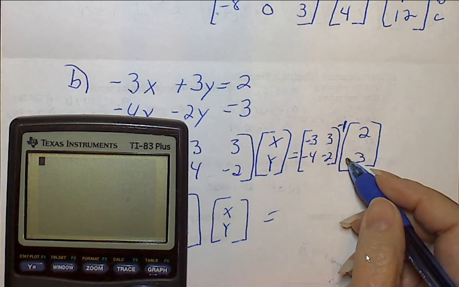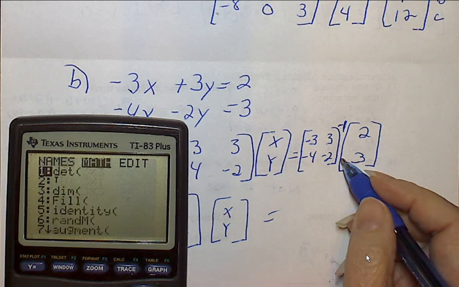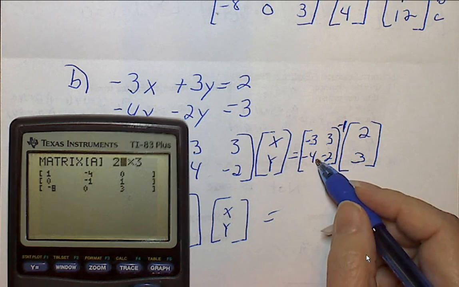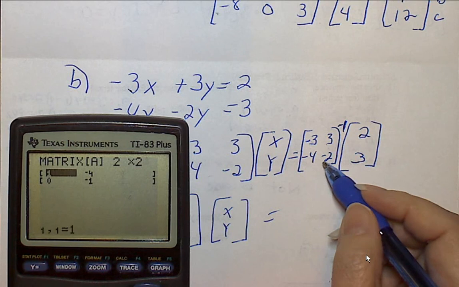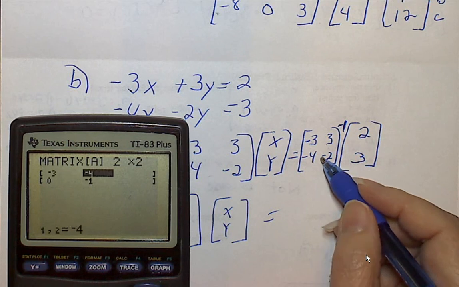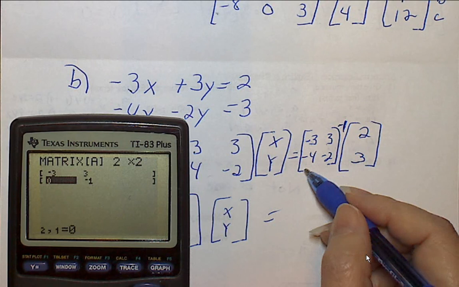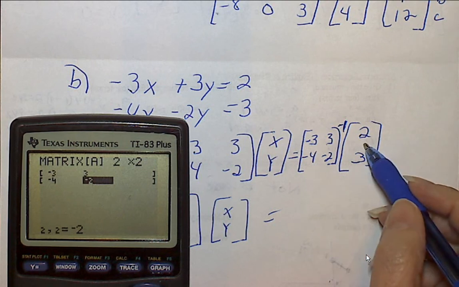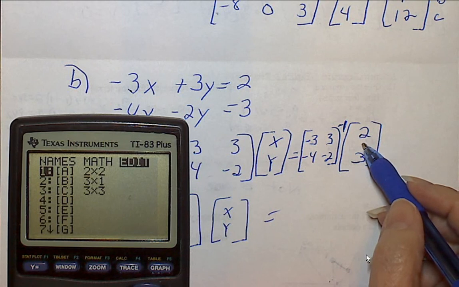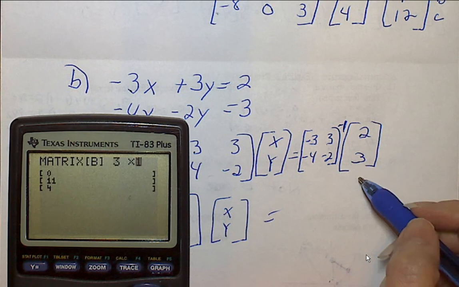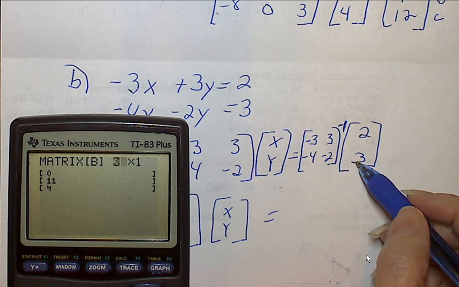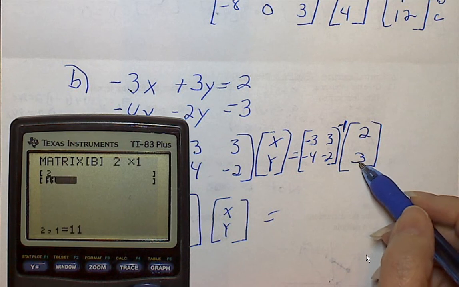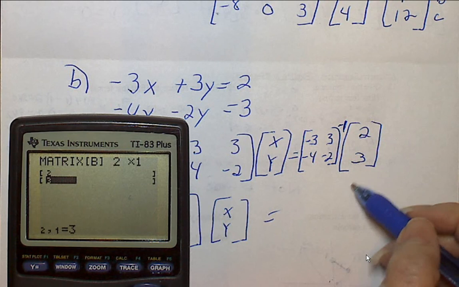So we have matrix, edit, 1, which is a 2 by 2, negative 3, 3, negative 4, and negative 2. And then second matrix for my edit B, so I'm going to hit 2, and this is a 2 by 1, and I have 2 and 3. And so now I'm going to go second quit.